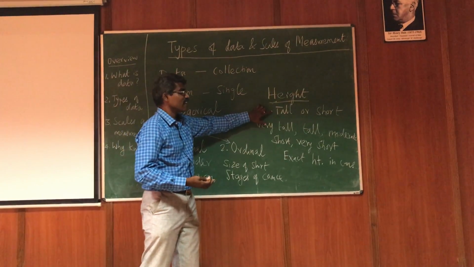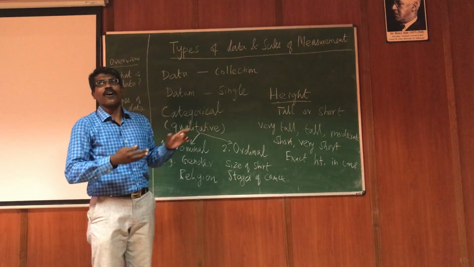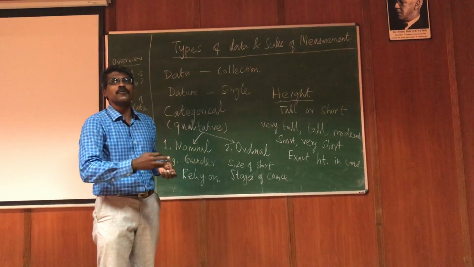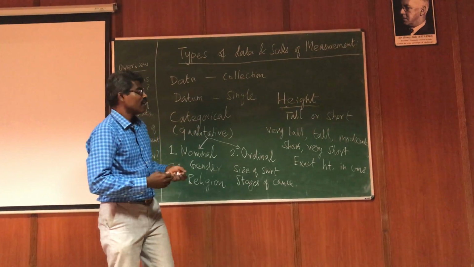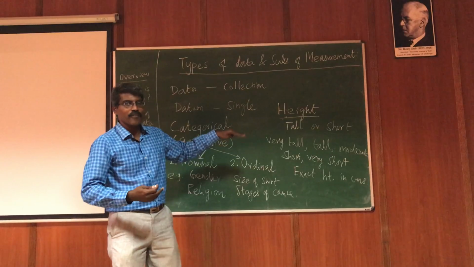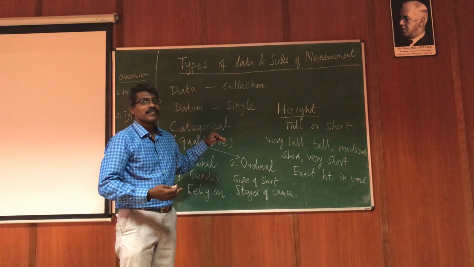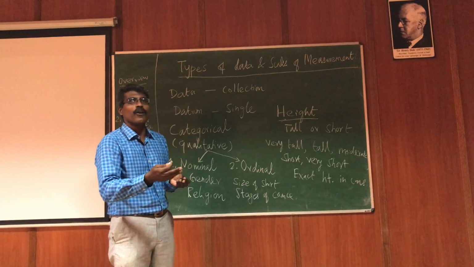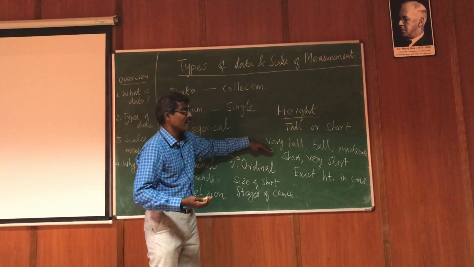Now if I just say they are tall or short, it becomes dichotomous because it can just take two possible outcomes. If I make this tall, very tall, moderate, short, very short, it becomes ordinal. That's a meaningful order, and these two are categorical data.